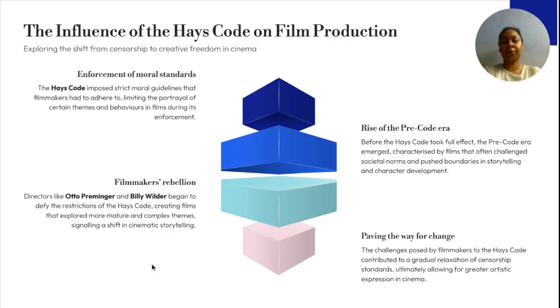So, paving the way for change. The Hays Code contributed to the relaxation of censorship standards. They allowed the freedom and greater artistic expression in cinema. So it just kind of faded, basically.